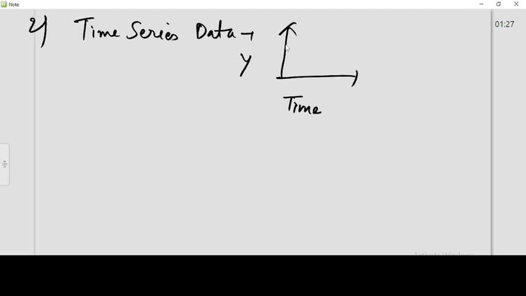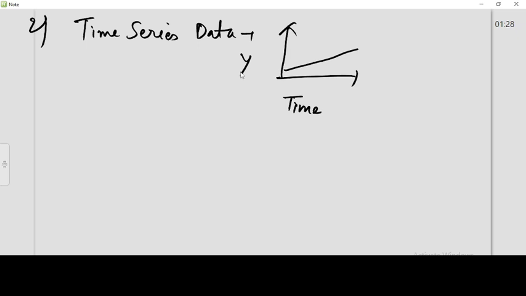Suppose this is the data for the GDP of India. So you collect the data of Indian GDP over multiple time frames, and you try to see a relationship there. Whether the GDP is rising or falling or stagnant, whatever. So you are collecting data on a single entity over a period of time. That is your time series data.